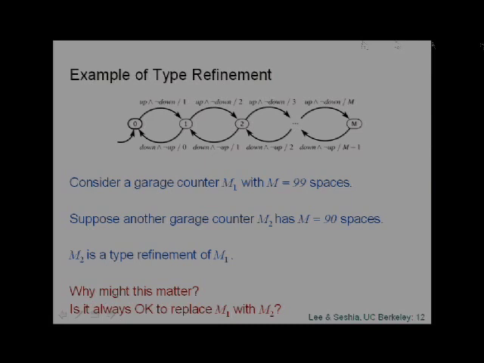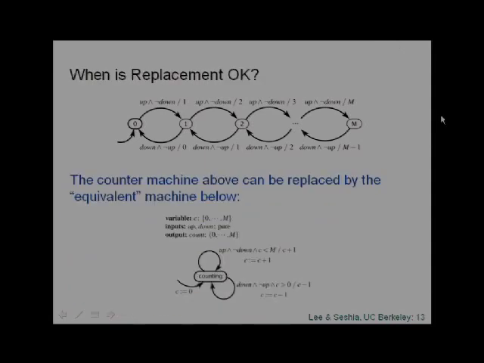So now let's consider another situation here with the same example. So we had this explicit state representation of that garage counter, and remember we had another representation which was an extended state machine, and here you have, apart from the inputs and output, this variable C. Okay, so in this case, we know from our previous lecture that these are just 2 representations of the same state machine, right?